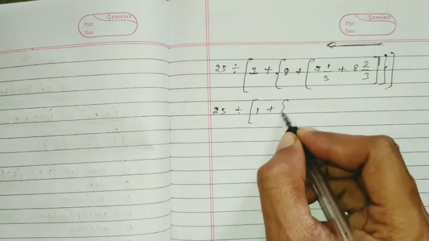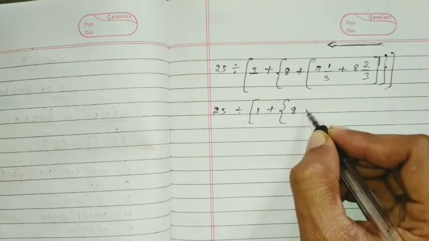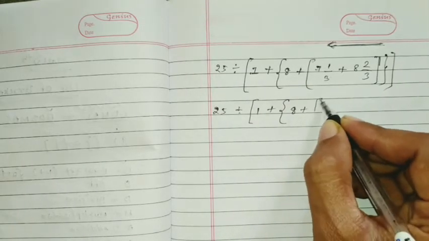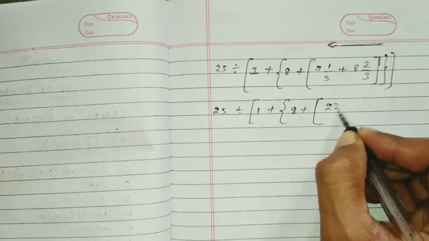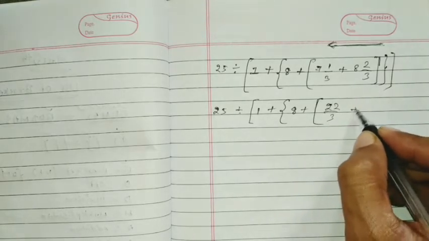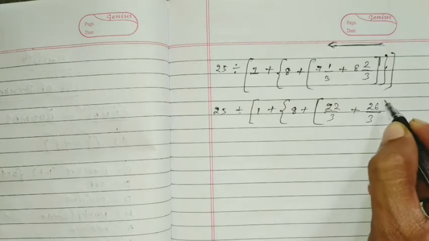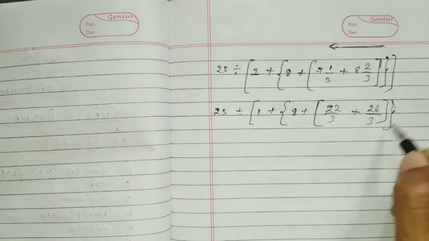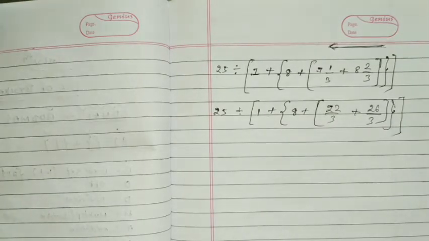1 plus 8 plus, change into this one, that is 22 by 3 plus 26 by 3. Clear? First I have changed the improper to proper.